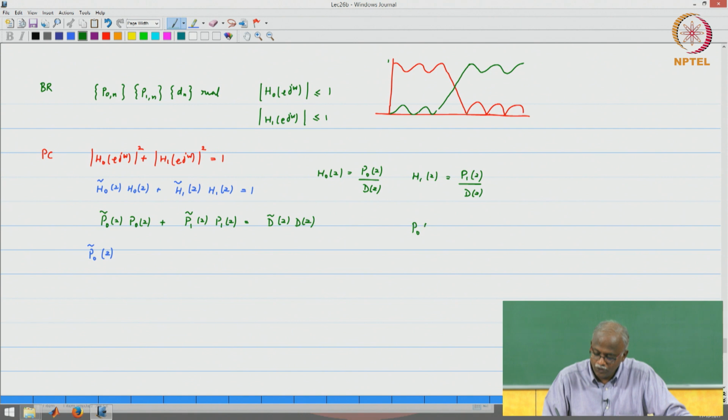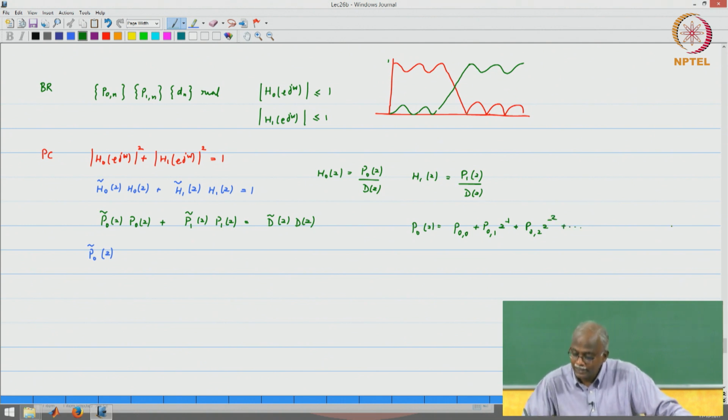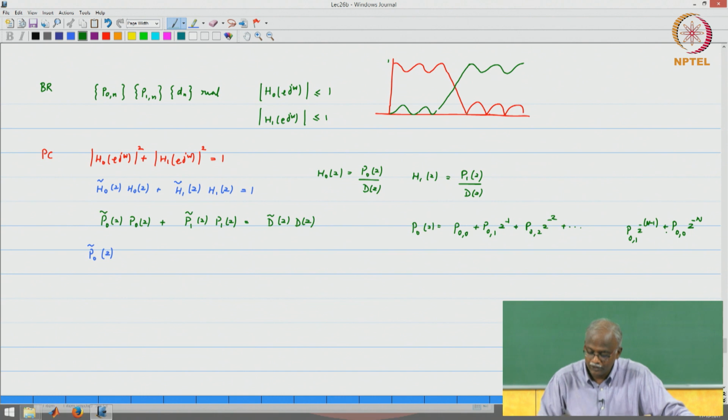If P0 of z can be written in the following form, P0,0 plus P0,1 z inverse plus P0,2 z to the minus 2, and so on. Because of the symmetry conditions, the last term will be P0,0 z to the power minus n, the one before that will be P0,1 z to the power minus n plus 1. So that will be the relationship.